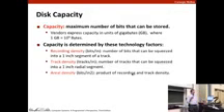Now, the capacity of disks is the number of bits that can be stored, and all disk vendors quote the capacity in gigabytes, but where a gigabyte is 10 to the 9th bytes, instead of 2 to the 20th, like you would expect.